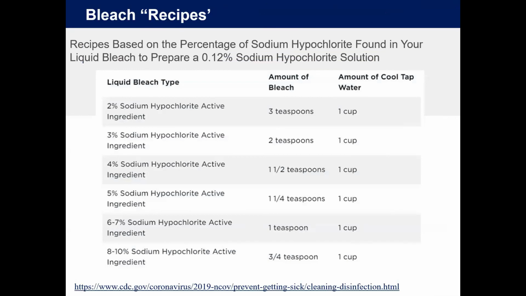And even in some settings that had a hard time accessing or couldn't afford the price of some of these disinfectants, they just started to mix liquid bleach or sodium hypochlorite solution, with so many teaspoons of bleach to a cup of water, and using that in that quantity.